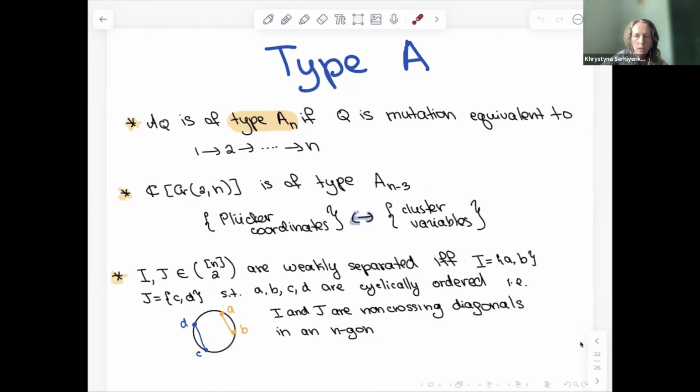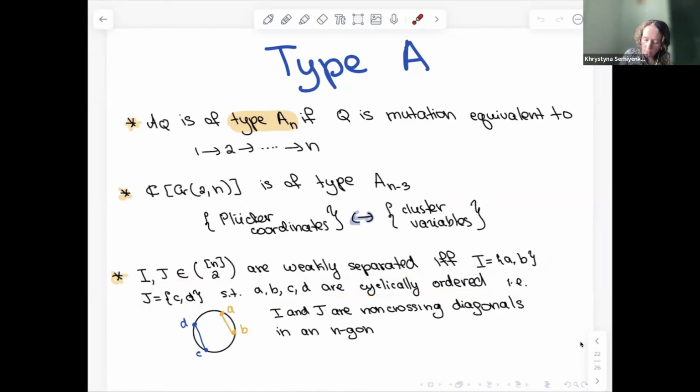And moreover, what is the meaning of weak separation? You have two subsets, I and J, in n choose 2, and they are weakly separated if and only if I consists of two elements a and b, J consists of two elements c and d, such that a, b, c, d are cyclically ordered.